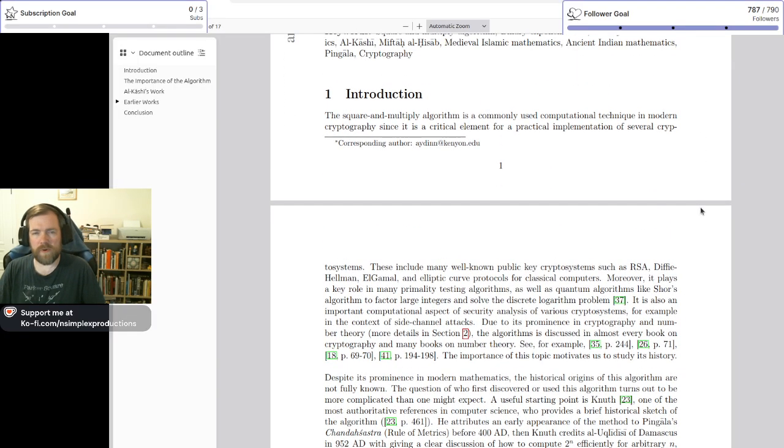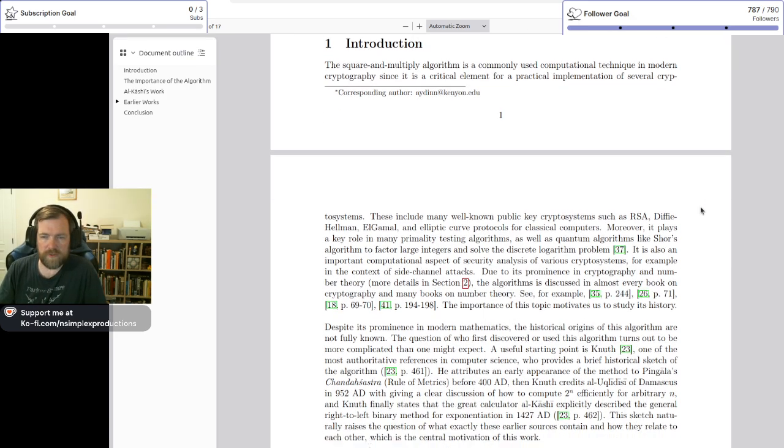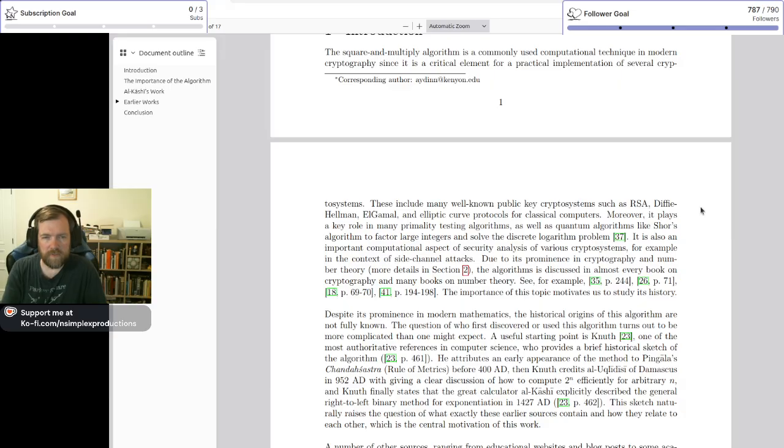The square and multiply algorithm is a commonly used computational technique in modern cryptography, since it is a critical element for practical implementation of several cryptosystems. These include many well-known public key cryptosystems such as RSA, Diffie-Hellman, ElGamal, and elliptic curve protocols for classical computers.